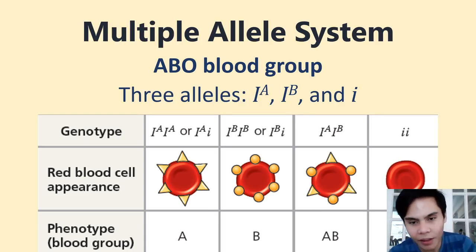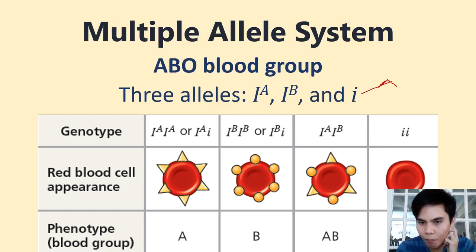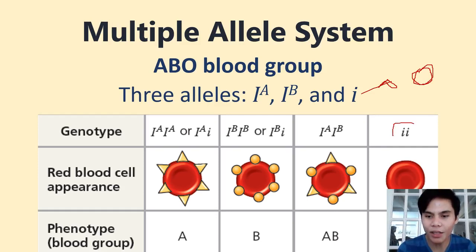And another, this is also a characteristic of your ABO blood group. So it's both codominant and has more than two alleles. So in your ABO blood group, there's three alleles: the allele for A, the allele for B, and the recessive allele i. Again, the recessive allele i, this is the one that codes for your blood type O. Alright, so me being blood type O, I have the genotype of small i.